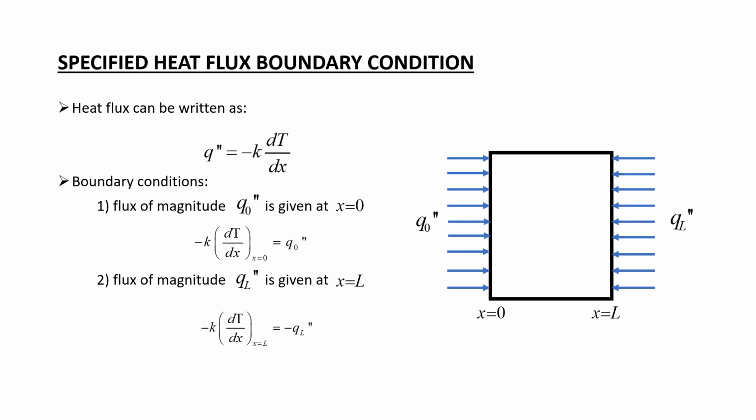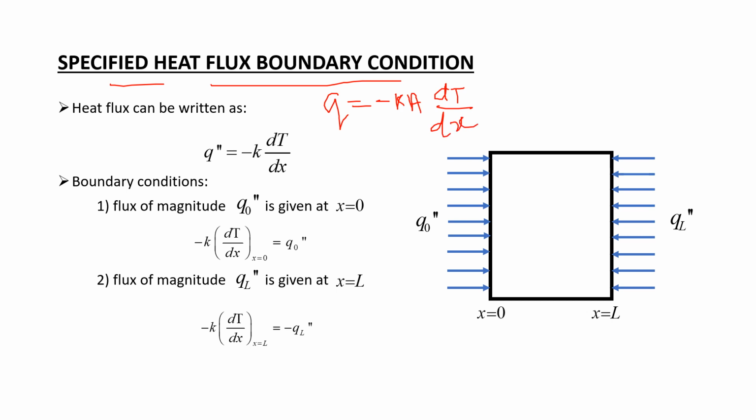Now the next boundary condition is the specified heat flux boundary condition. Let's see what it talks about. The heat flux can be written as Q double dash is equal to minus k dT by dx. We had Fourier's law as Q is equal to minus k A dT by dx.